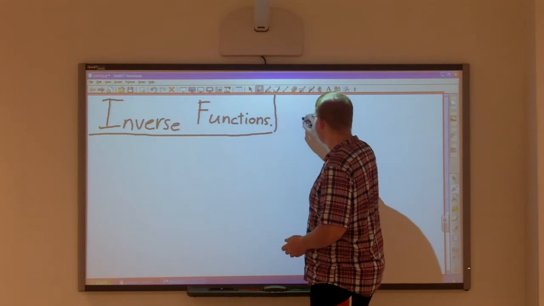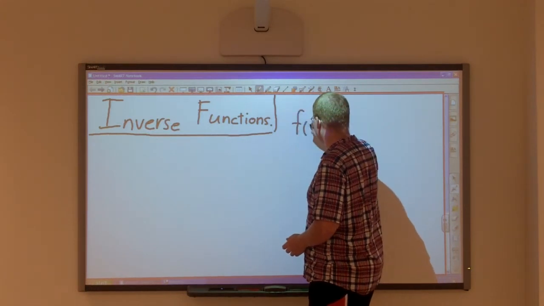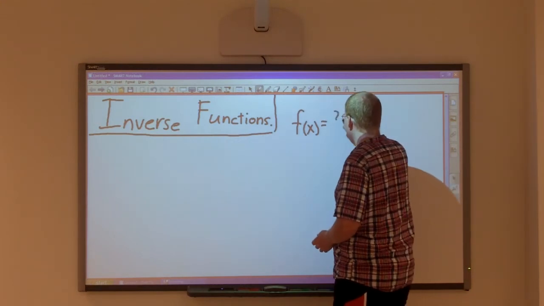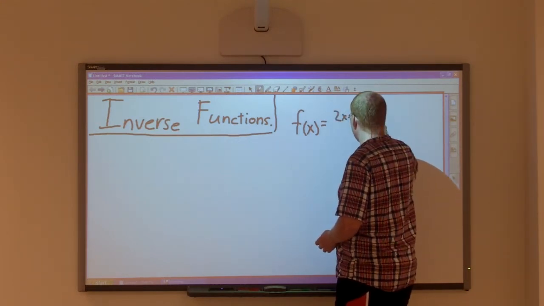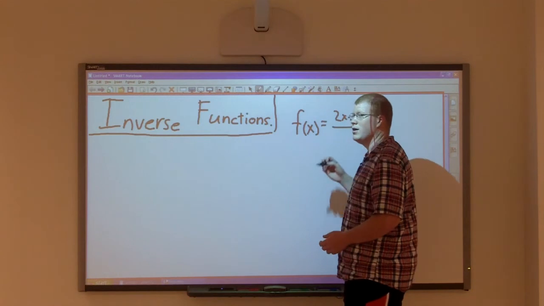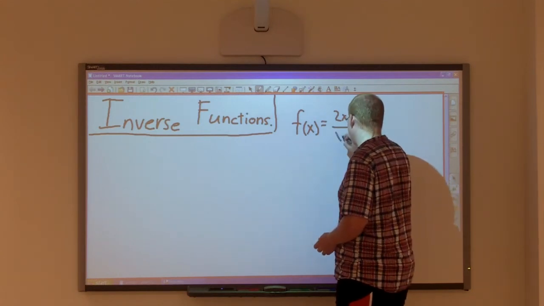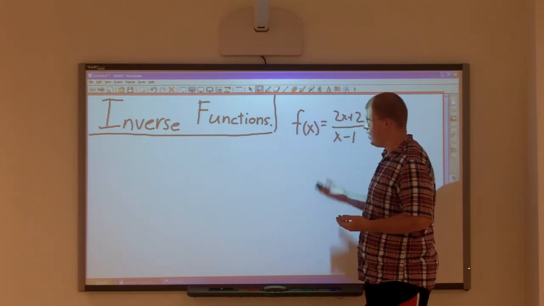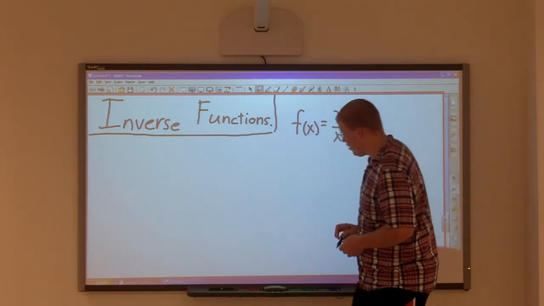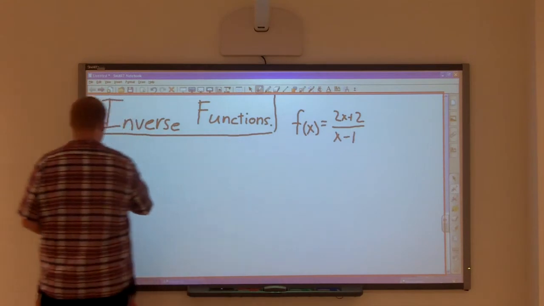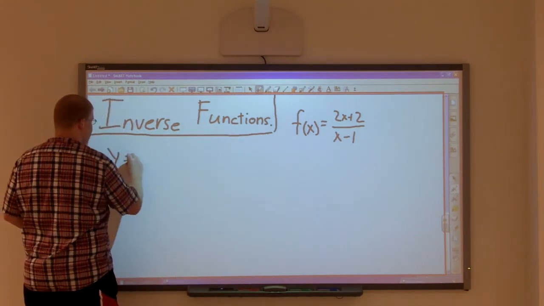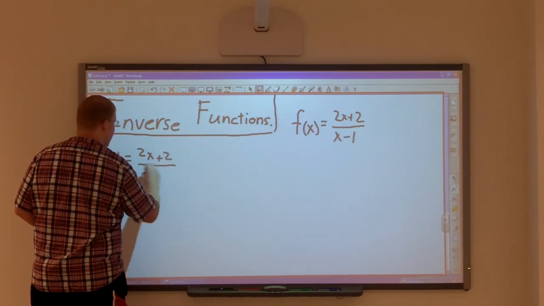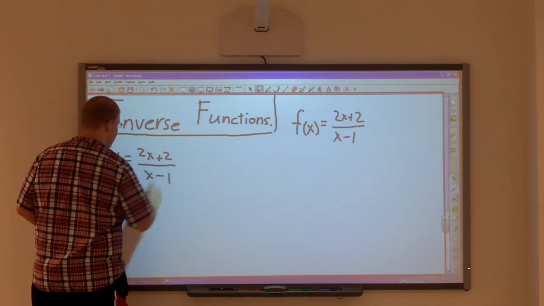So let's say we're given the function f of x is equal to 2x plus 2 over x minus 1. In order to find the inverse of this function, we know that y is equal to 2x plus 2 over x minus 1.